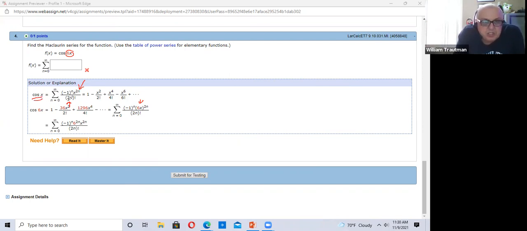I say use this pattern. The only thing that changes in the pattern is the x part. And we put the 6x right there. Do you see? That's the only thing that changed in the pattern, was the x part.